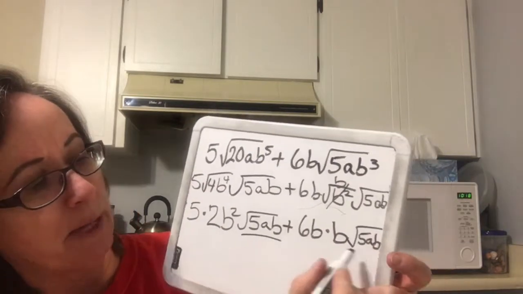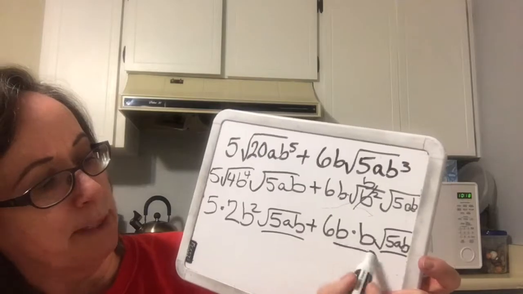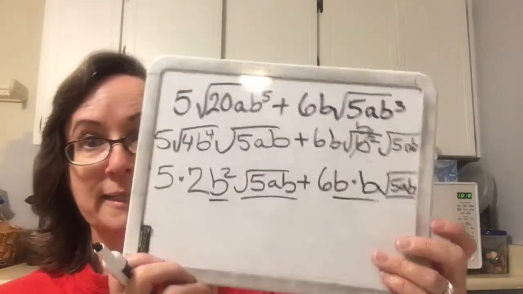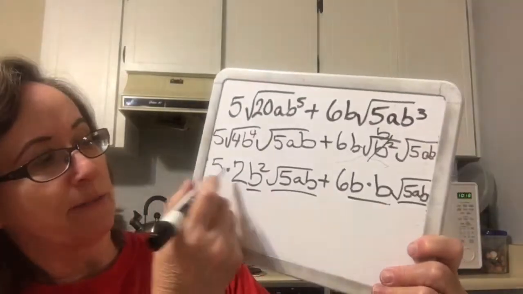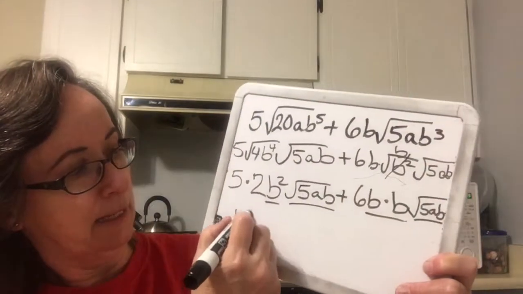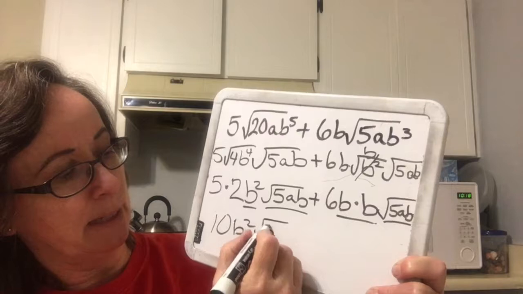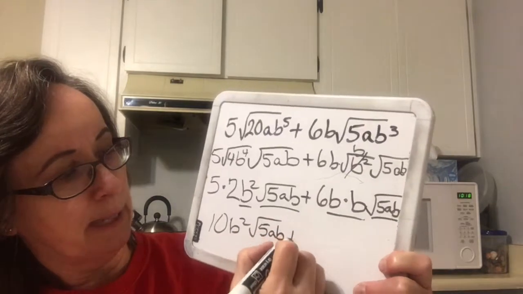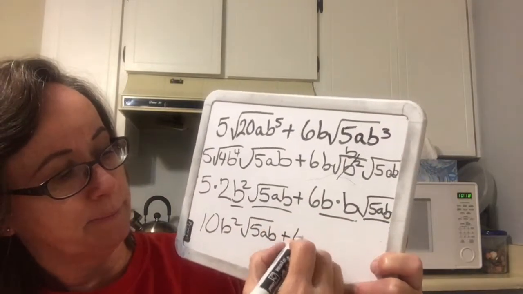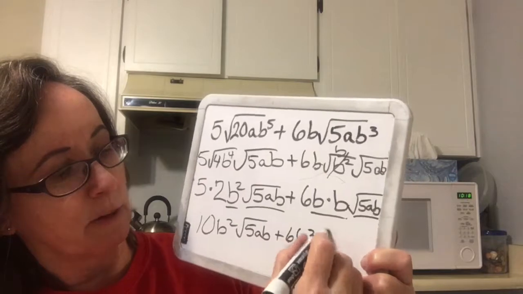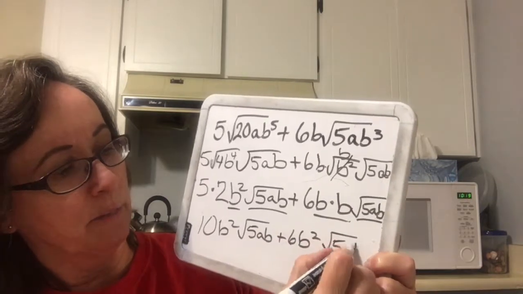So we have the 5ab is like a b squared and a b squared, so we get to add these together. So this is a 5 times 2, or a 10b squared square root of 5ab plus 6b squared square root of 5ab.